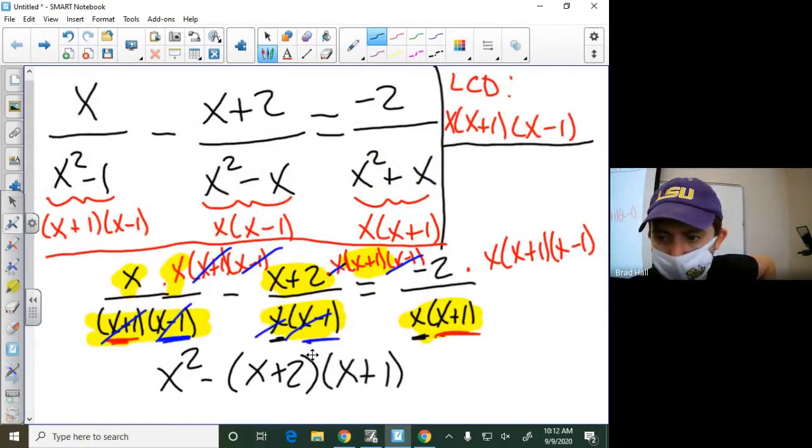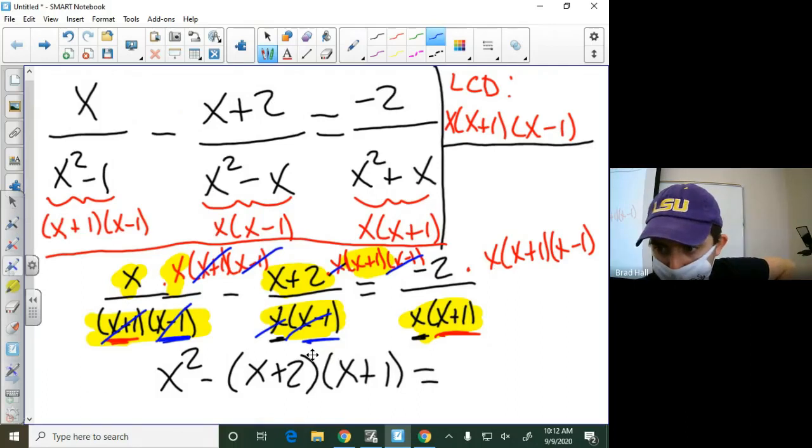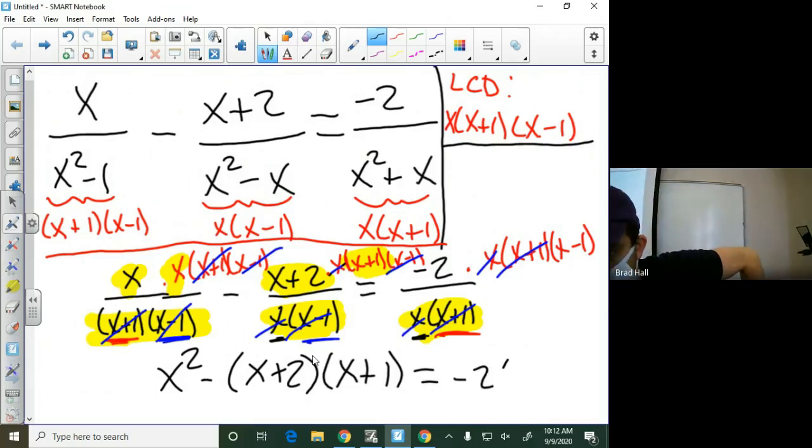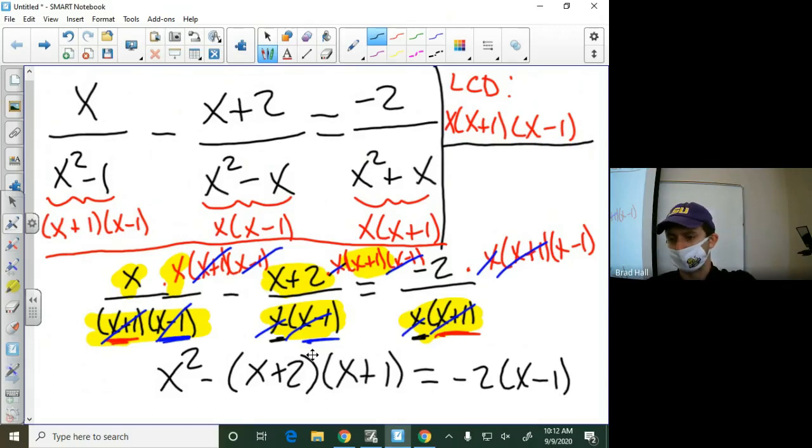Okay. And so finally, we move on to the equal sign. And so x plus 1, and there's a negative 2 times x minus 1. And now here's the simplified form.